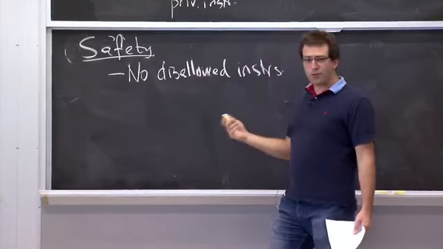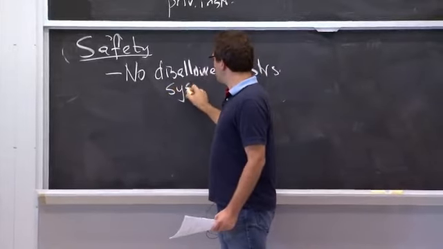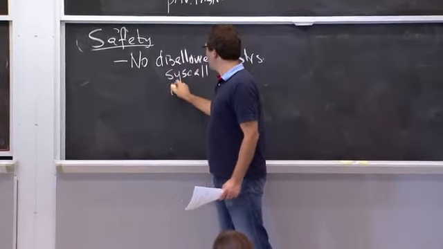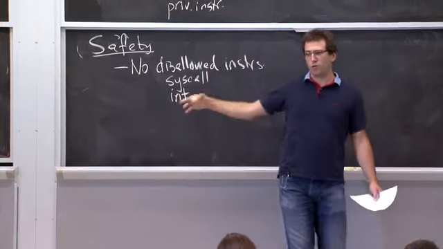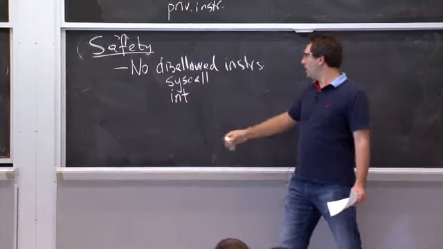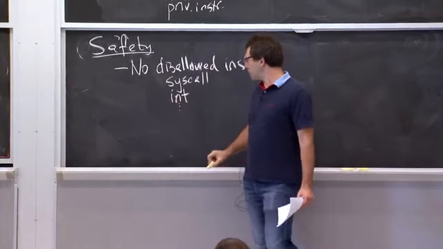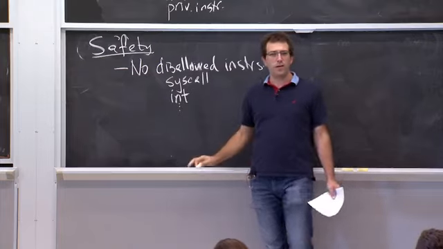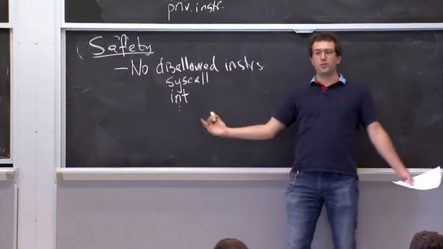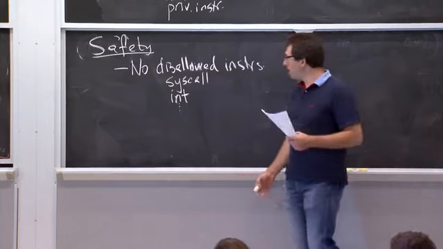These disallowed instructions are things like system calls or triggering an interrupt, which is another mechanism on x86 to jump into the kernel and invoke a system call, and probably other privileged instructions that would allow you to escape out of the sandbox. We'll look a little bit more later at what instructions could actually let you jump out of a sandbox.